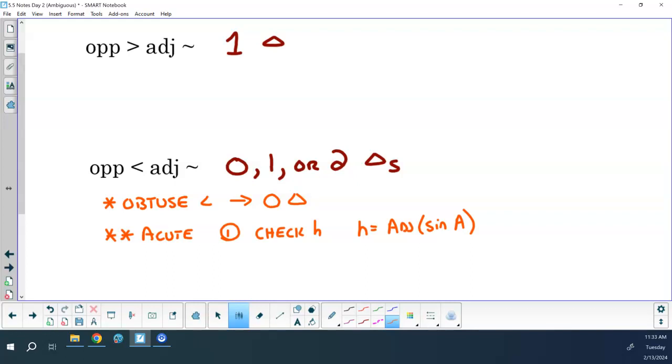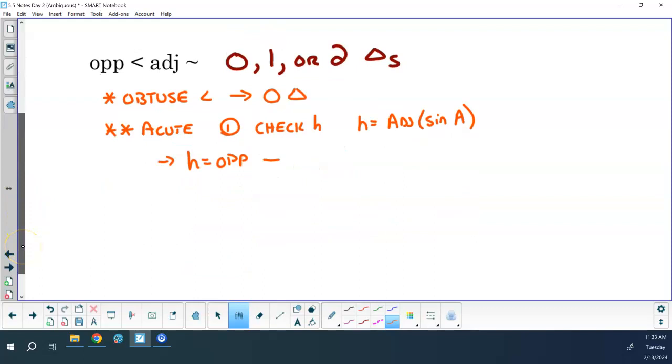Then, if H is equal, one right triangle. If H is bigger, no triangle.